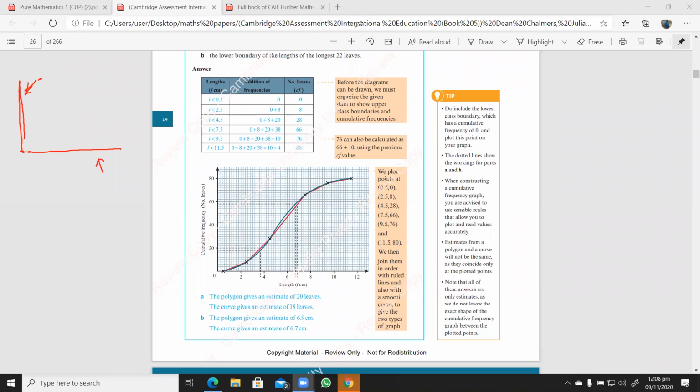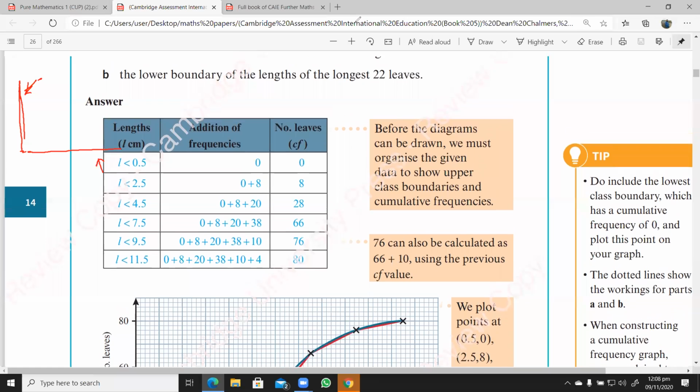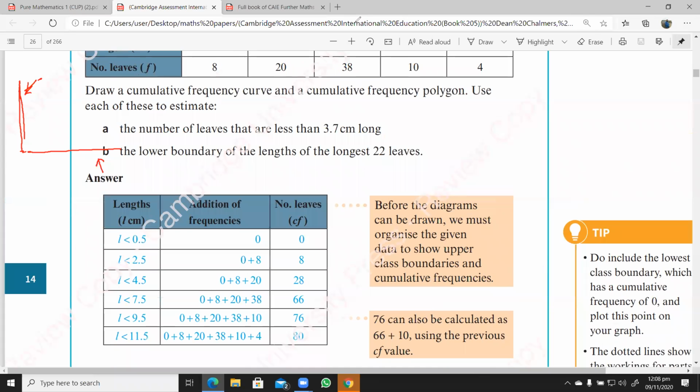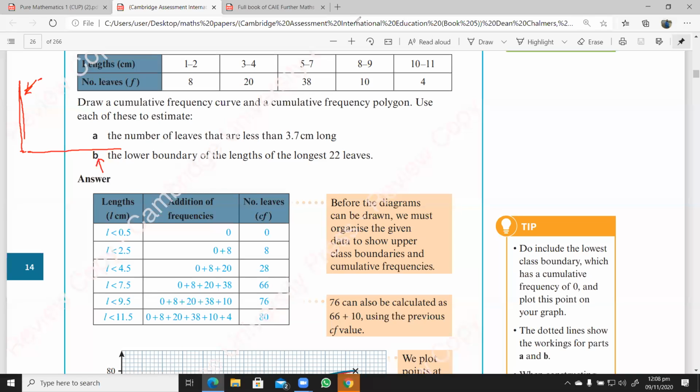If I could zoom this for you, look at this. This is the table. Let me minimize this a bit. This table is called the frequency distribution. Lena is saying her mic is not working.